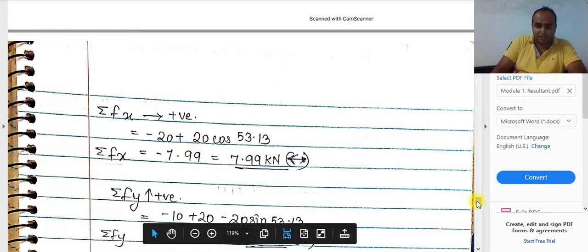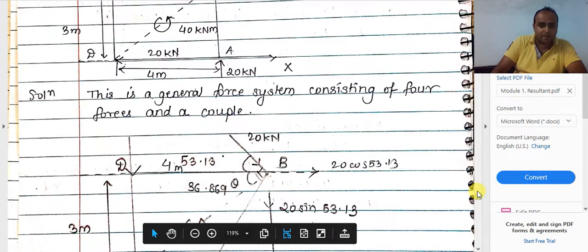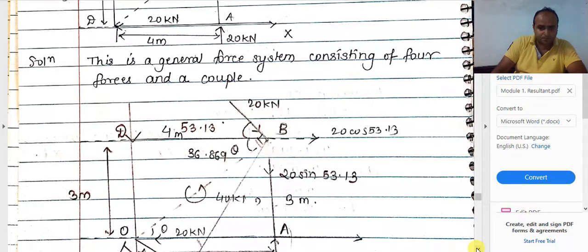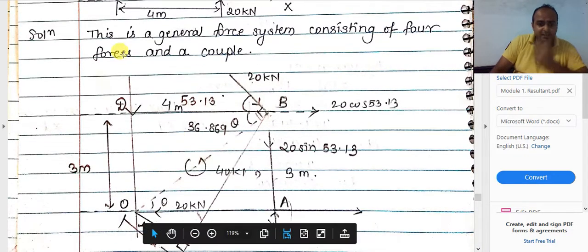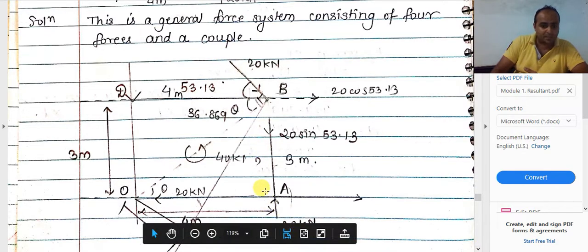Now what about summation Fy? Let us go back to the question's diagram, that is the free body diagram that we have drawn. For summation Fy, let us get the forces one by one. This will be minus 20 sine of 53.13. The other force will be plus 20.